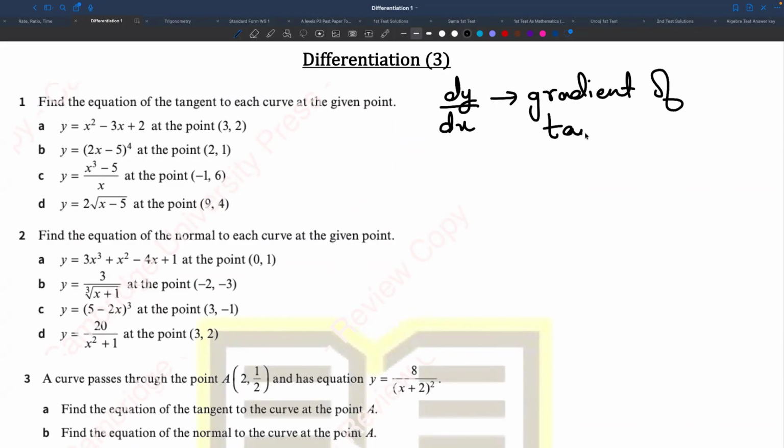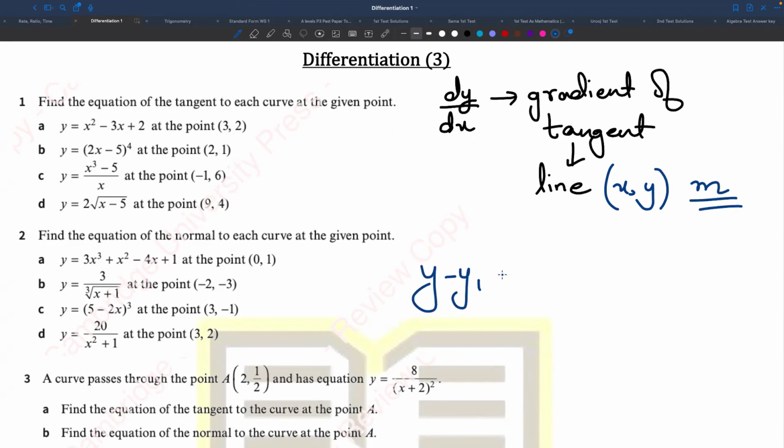All right. So when it is asking you to find the equation of the tangent, what is the tangent first of all? It is a line, right? To make the equation of a line, what do you need? You need a point and you need the gradient, right? And then you can use this formula. If you haven't used this before, I will just write it down.